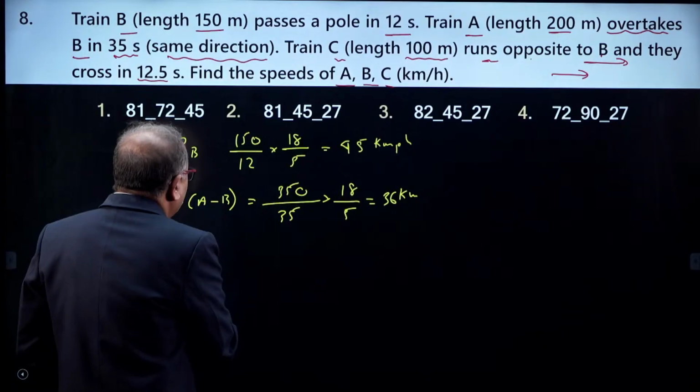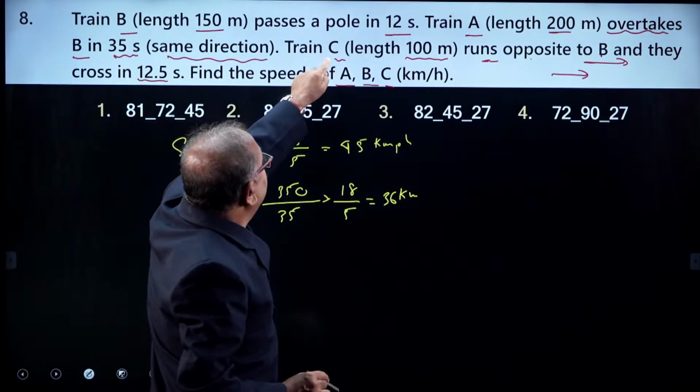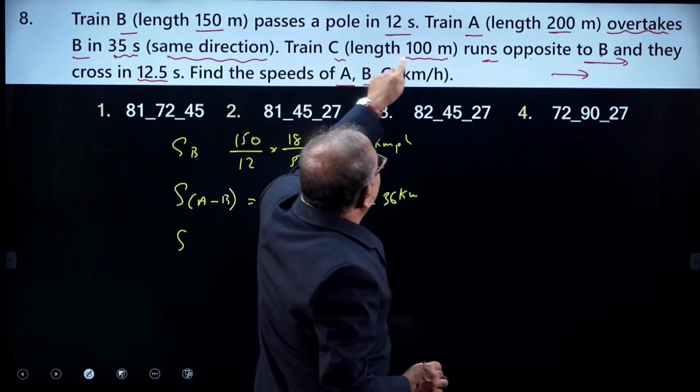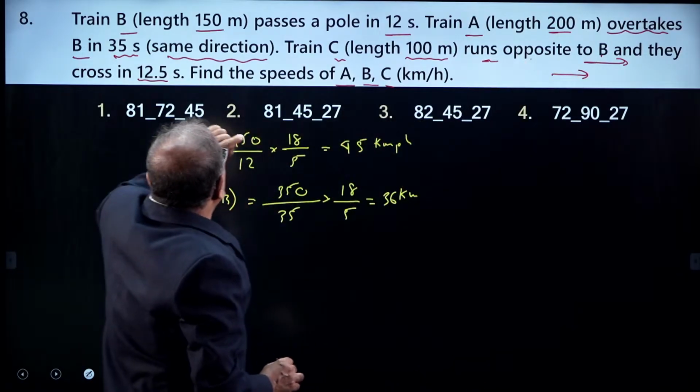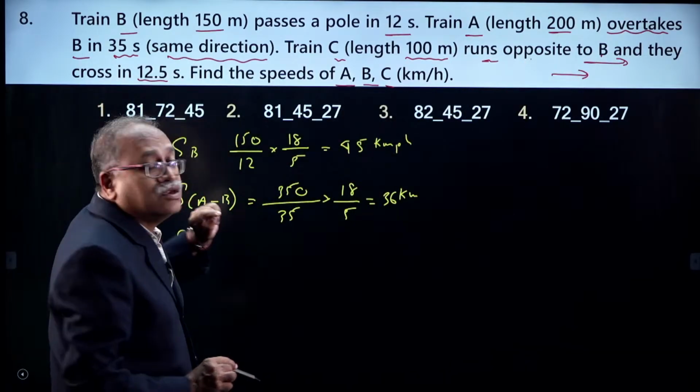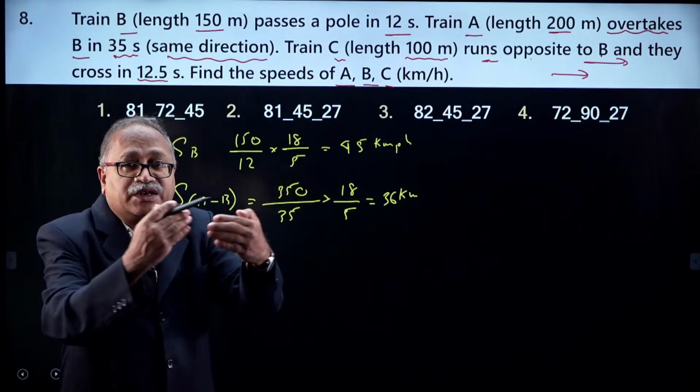The same way, for the other one, C. The train C runs in the opposite direction of B, and they cross in 12.5 seconds, opposite direction.